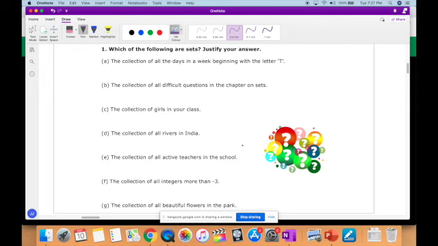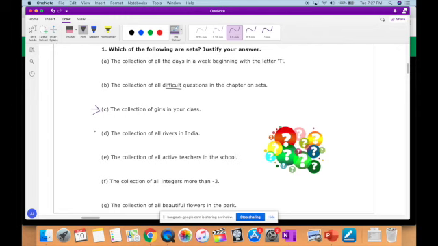Now, the collection of all difficult questions in a chapter on sets. Difficult is subjective. I might find something difficult, Soraya might find it easy. So therefore, this is not a set because there is no definition for what a difficult question is. Yeah? The collection of girls in your classroom, is that a set?